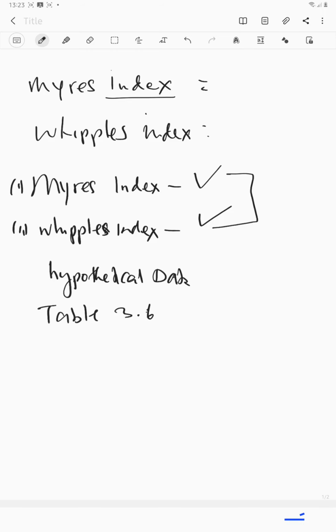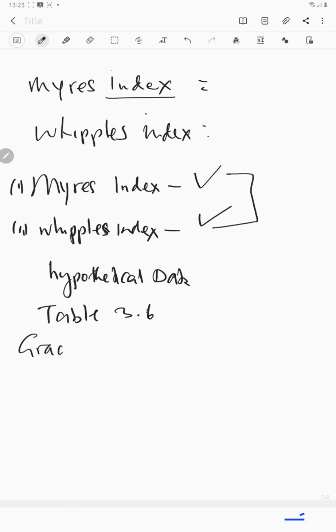Now, another way that I want us to move on is how can we graduate population errors?